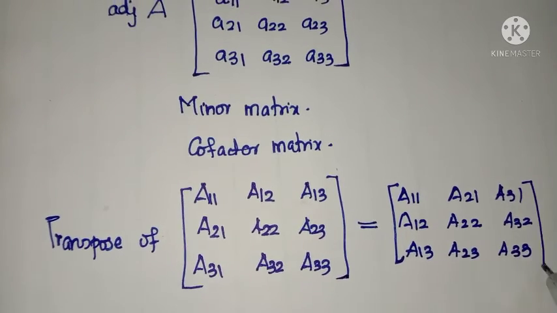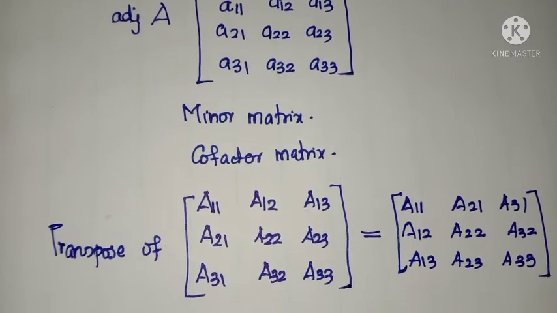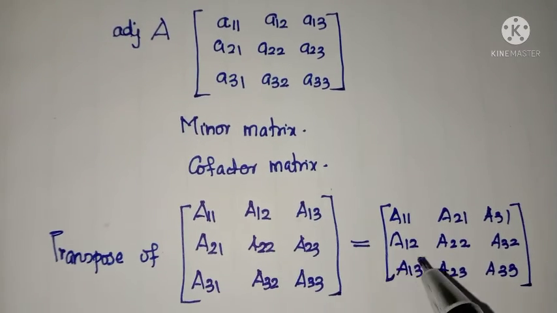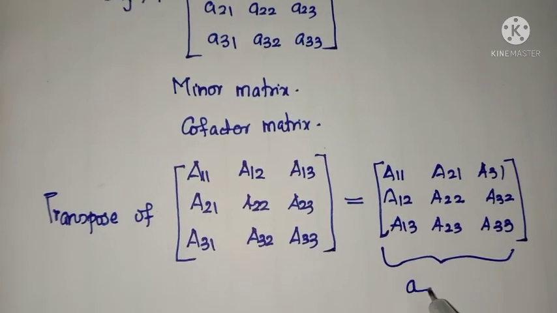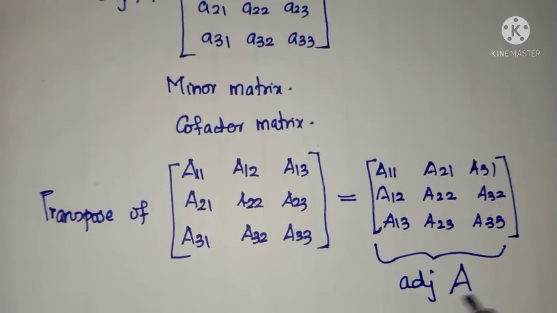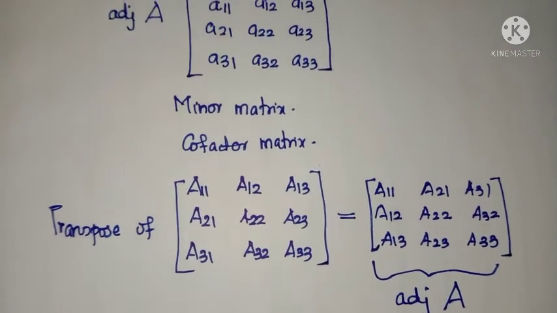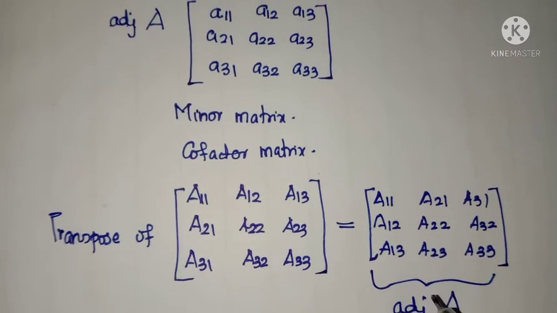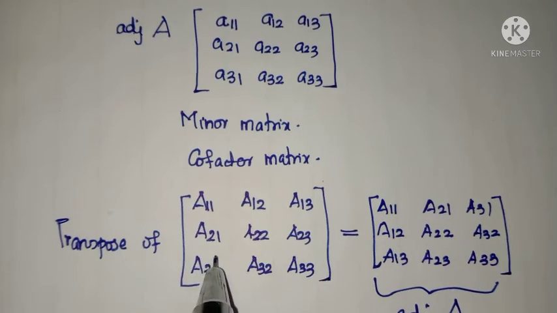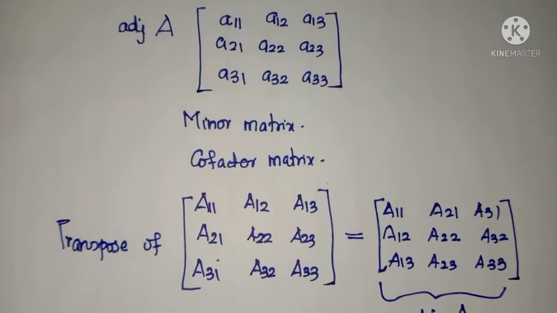This is the transpose of the cofactor matrix. And listen, this transpose of this matrix is known as the adjoint of the matrix A. So the adjoint of the matrix A is defined as the transpose of the cofactor matrix.